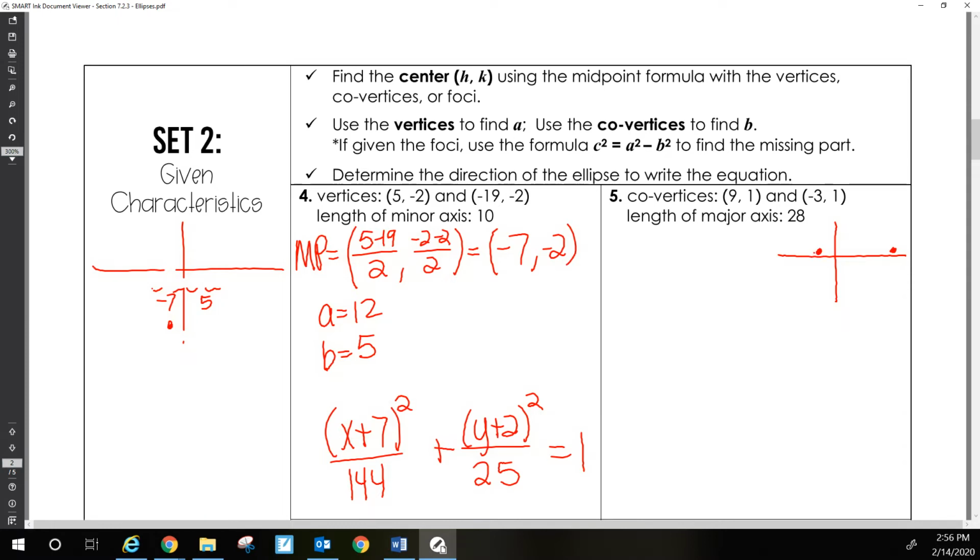Halfway in between these two is going to be the center still. So the midpoint between these two, so 9 minus 3 divided by 2, 1 minus 1 divided by 2, our midpoint is going to be at 6 divided by 2, which is 3, 1 minus 1 is 0. 0 divided by anything is 0.